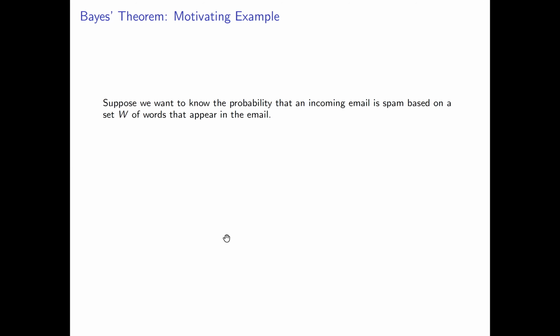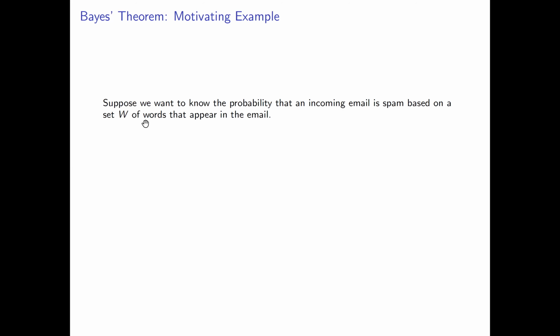The problem is the following. Let's say we have an incoming email being sent to us, and we want to use our computer to detect the probability that this email is spam based on a collection of words that appear in the email.